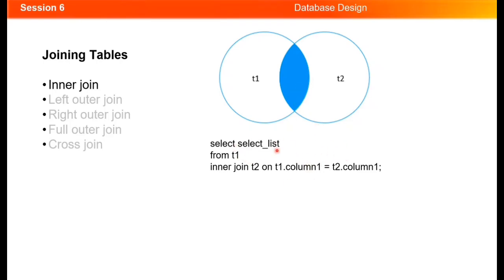So we can see here we have a select list, which is the columns from the table here, which is going to be the table on the left. And then we're going to inner join with table 2 on, where table 1's column 1 equals table 2's column 1. I know this looks a little hard to follow, but it's really not too bad.